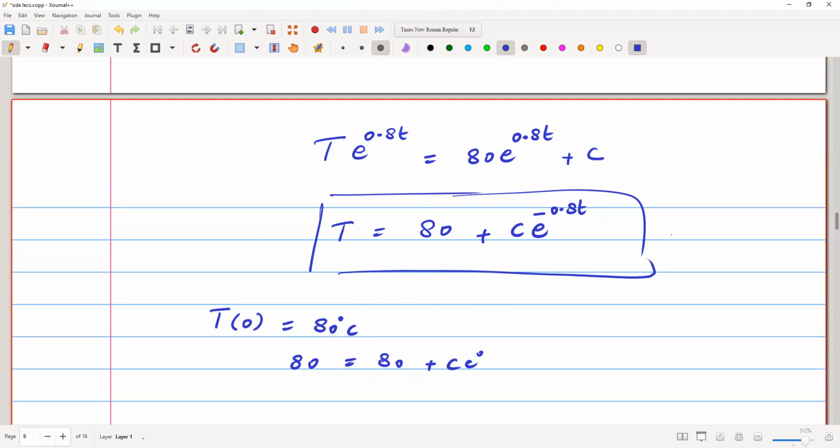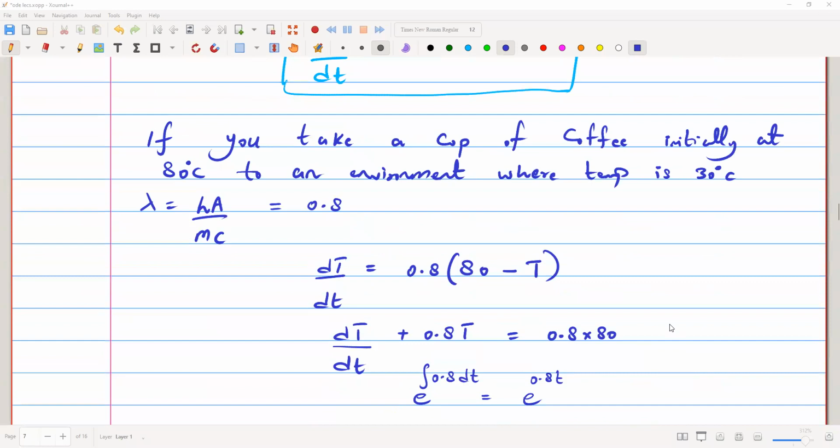It seems that there is some mistake here. Let's see. Okay, the mistake is that the room temperature is not 80, it was 30 degrees, so it's a blunder here. Let's correct it. This was 30.